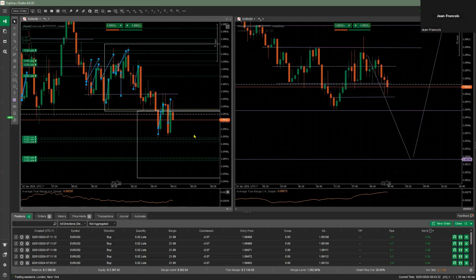There's that red candle. Right. So remember, it's the positioning for the next move. That's the critical piece.